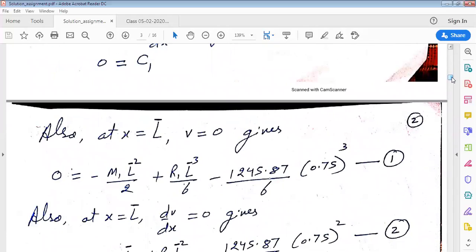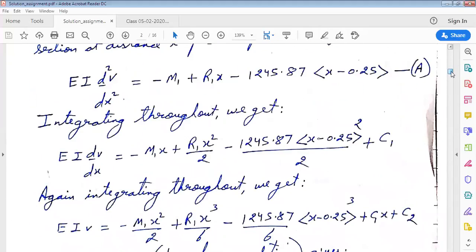At x equal to L bar, where L bar is the length of the beam, deflection is 0, and this gives us 0 equal to minus M1 L bar square by 2 plus R1 L bar cube by 6 minus 1245.87 by 6 bracket start 0.75 bracket close raised to power 3. And also at x equal to L bar, slope is also 0, as you can see.